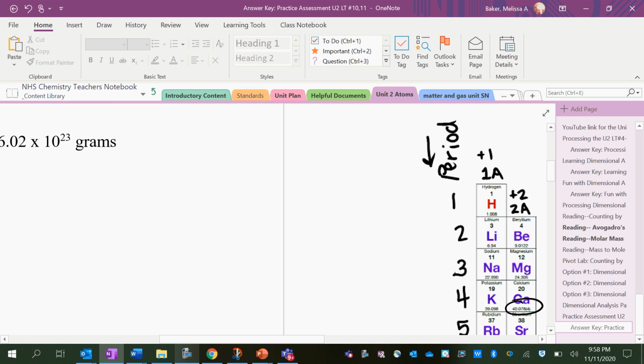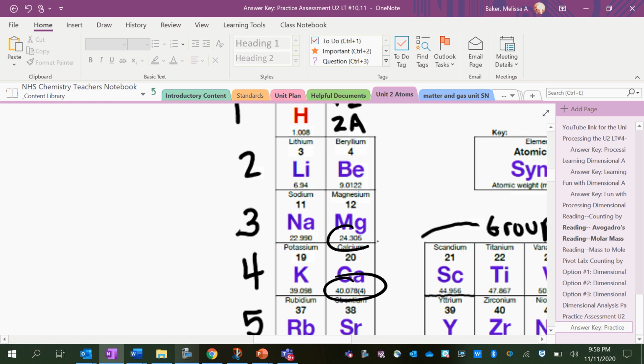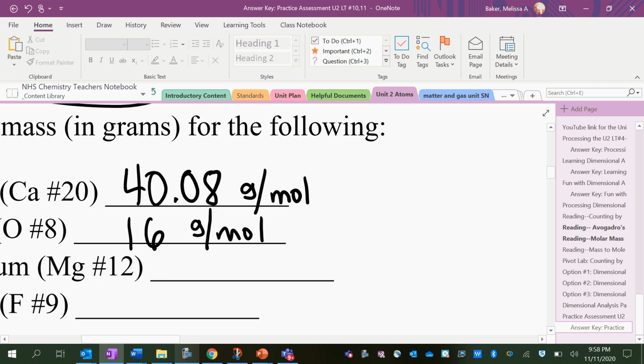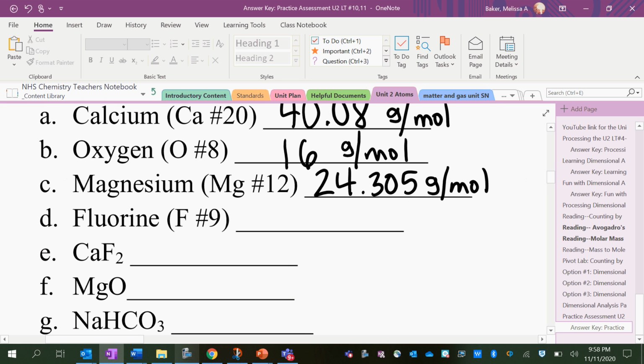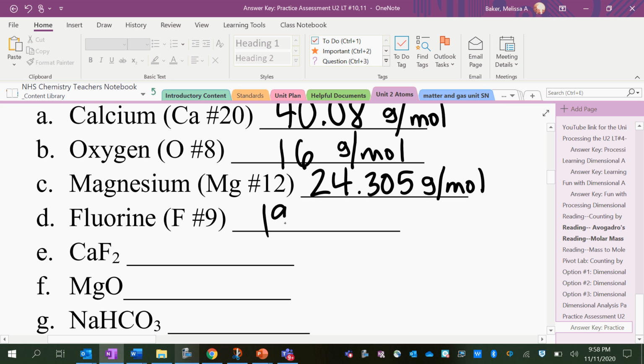Magnesium is 24.305. Fluorine is 19. Again, we're just looking up the squares.